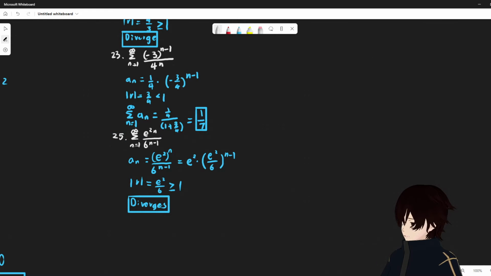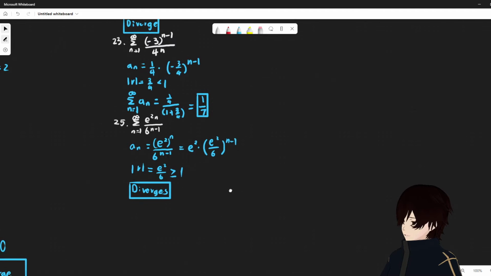Oh, that's fine. Determine whether the series is convergent or divergent. If it's convergent, find its sum. So then we just continue. 27.